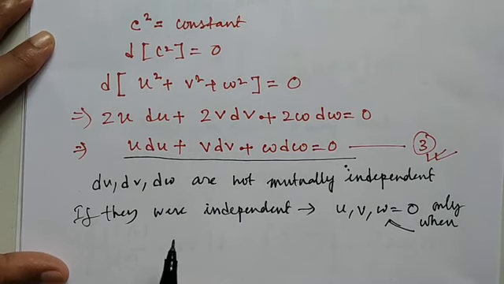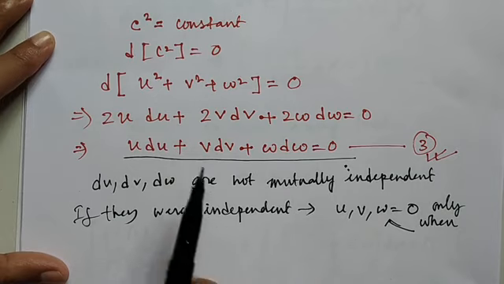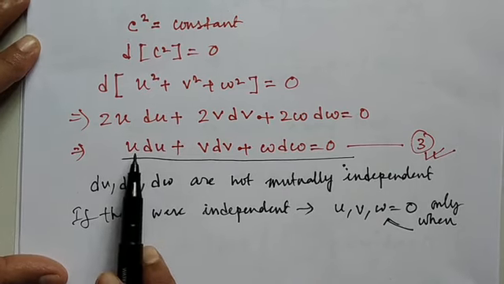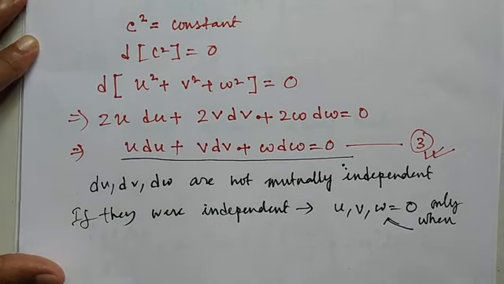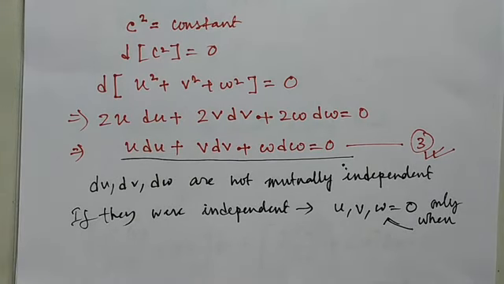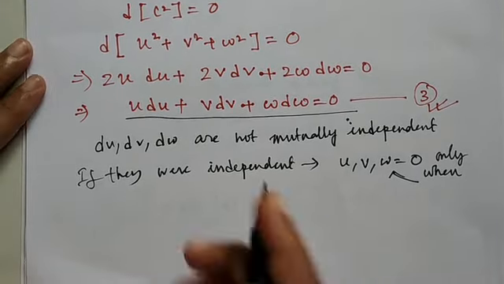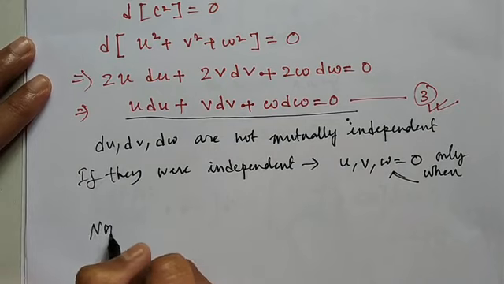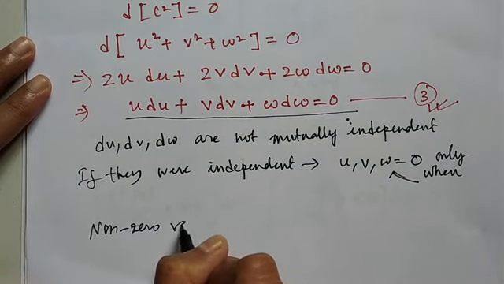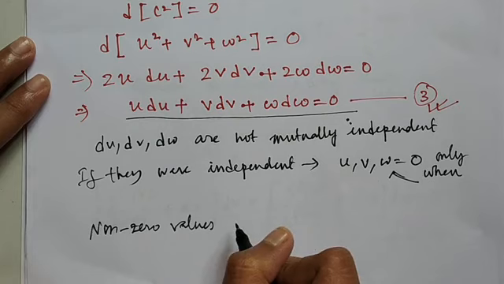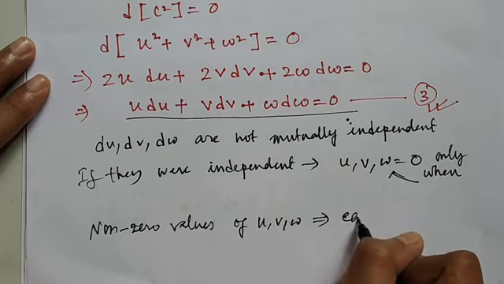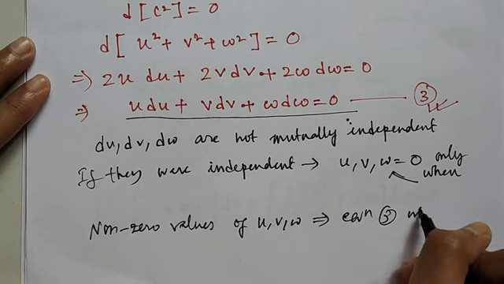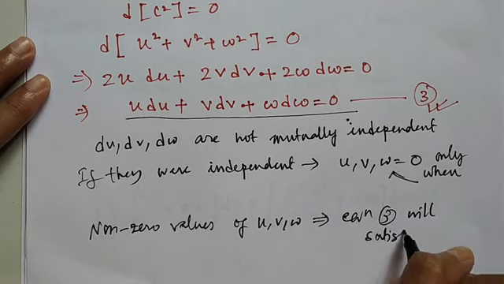But it is clear that you can find other non-zero values of u, v, w for which this equation will be satisfied.